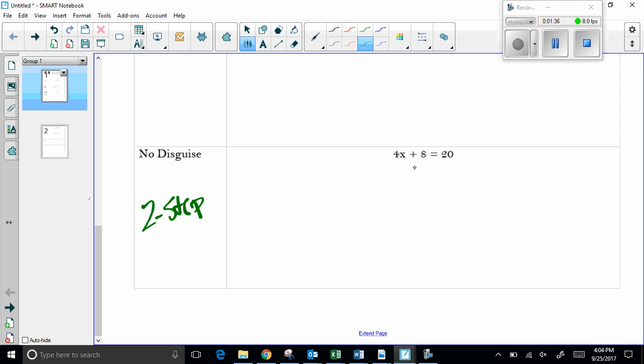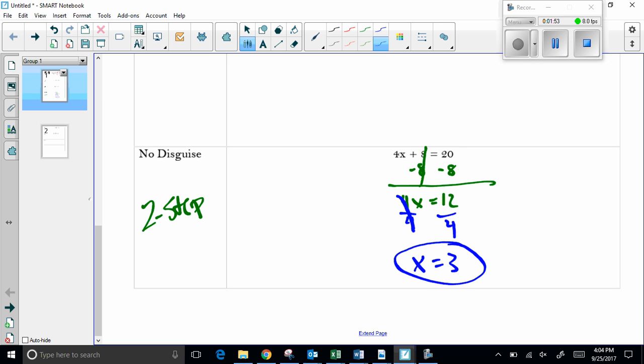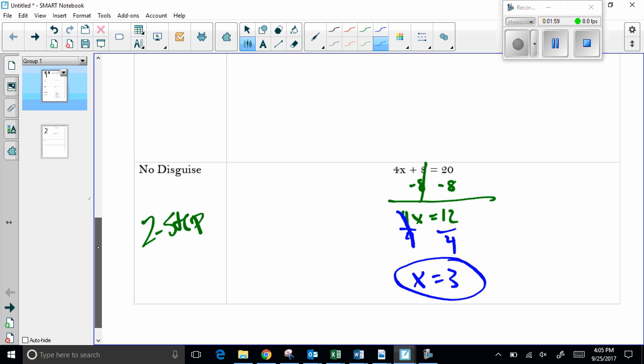So here, I will first take care of any addition or subtraction by subtracting 8 on both sides. So now I have 4x is equal to 12. And then I will divide by 4 on both sides, and x equals 3. Ta-da! It's done. It's simplified. I do the opposite operation so that I can get my answer. All done.